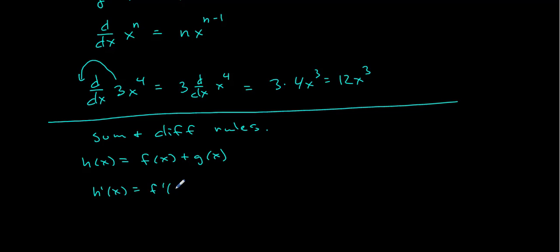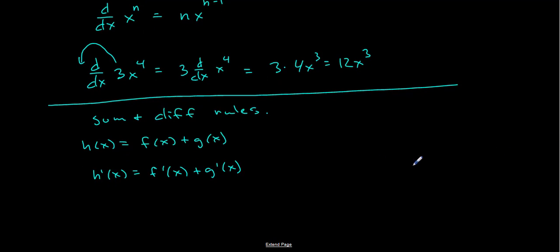Okay. And then let's say they give us something like this and they want us to find h prime of 4, right? Well, that's just finding h prime, which is right here, and then evaluating this derivative at 4, which would be like f prime of 4 plus g prime of 4.